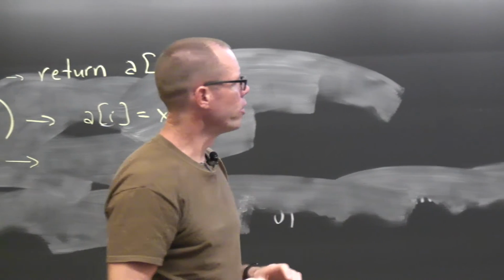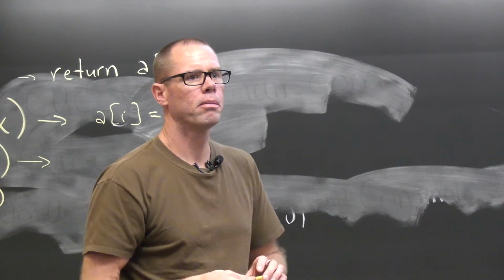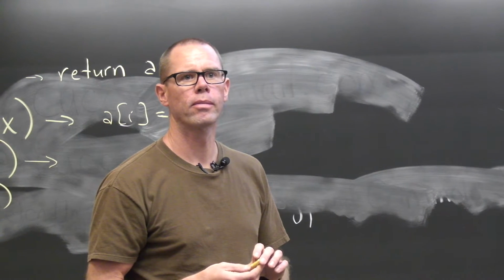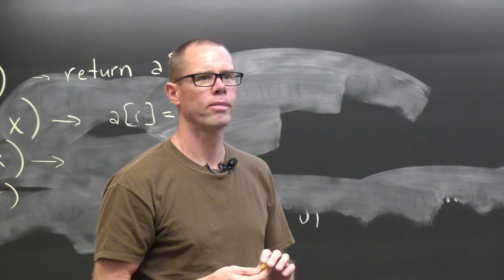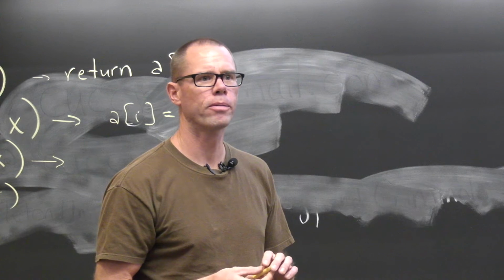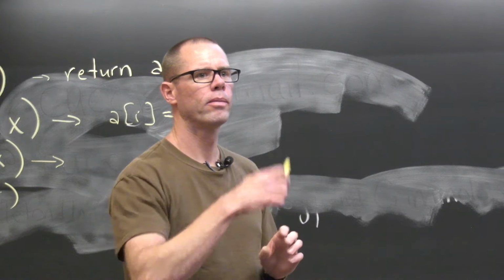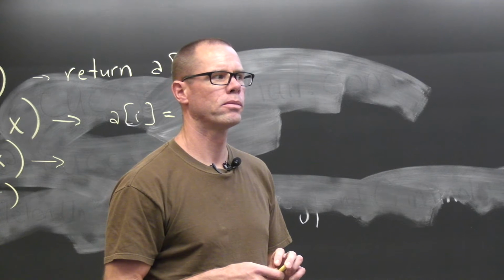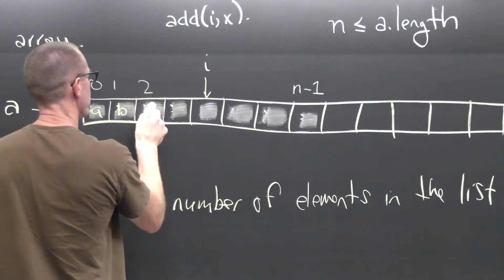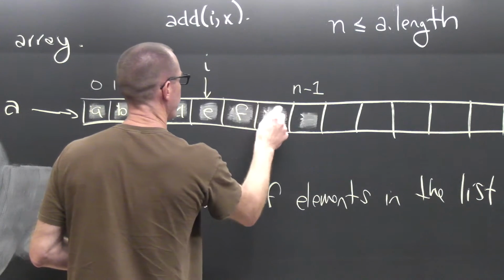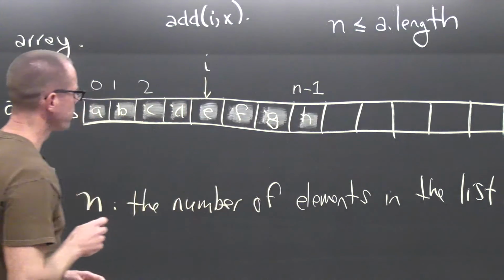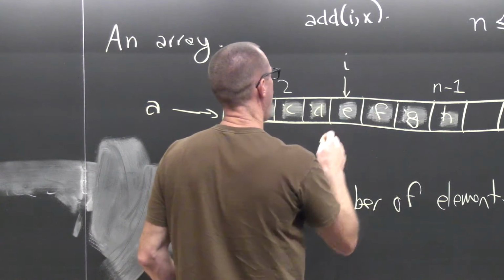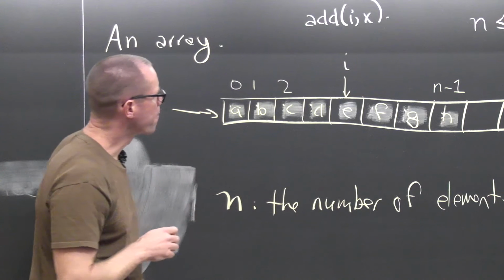So can we do that here? What does the implementation of that look like? What's the first thing you have to do? Yeah. A, B, C, D, E, F, G, H. Okay, so I am trying to put x at this position I here.